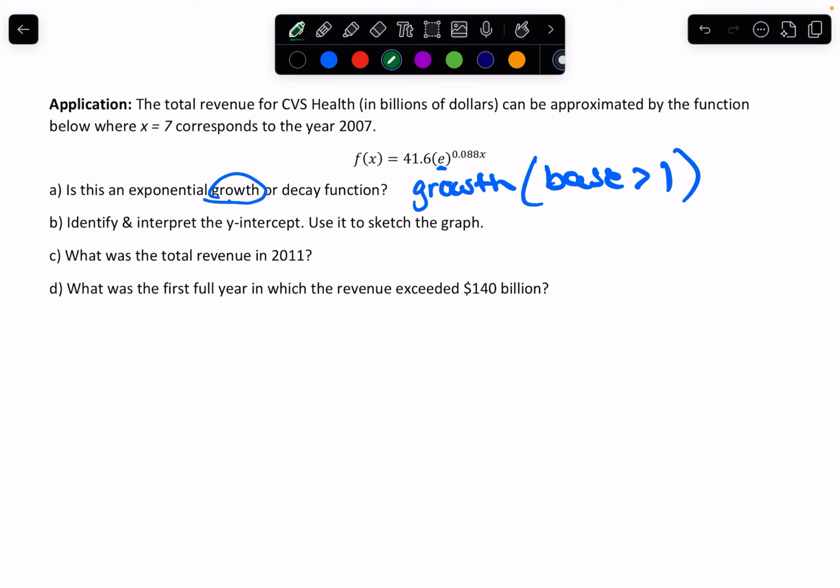So y-intercept means that we're going to set x equal to 0. So 41.6 e to the power of 0.088 times 0. Well, any number to the power of 0 is going to be a 1. So we end up with 41.6. So this part here is going to equal 1.